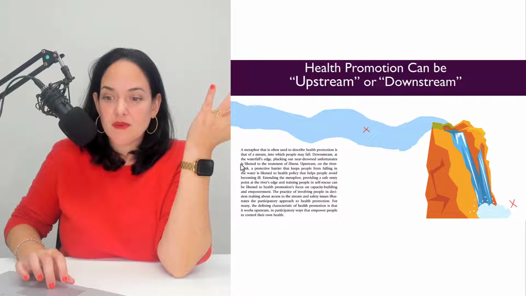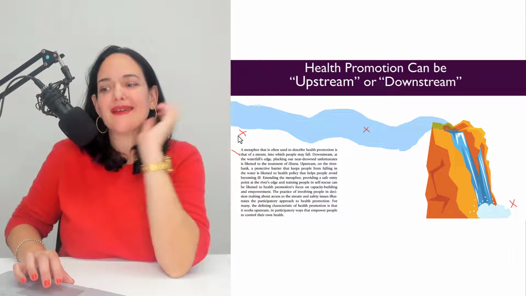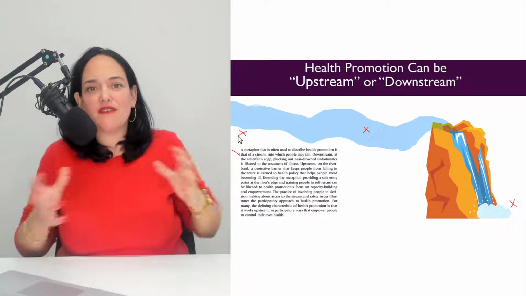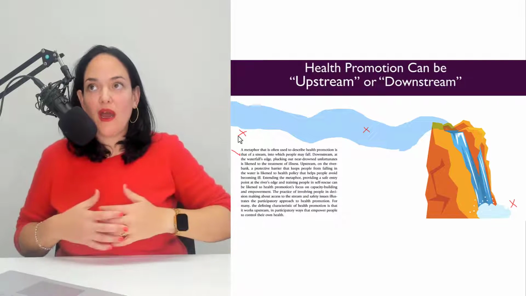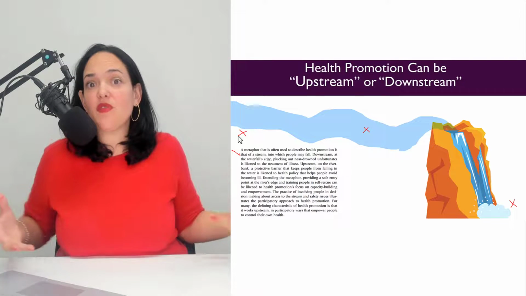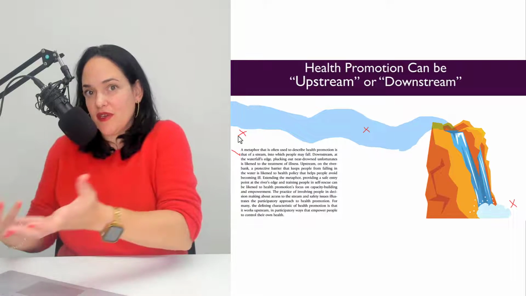And then more upstream health promotion, this would be like, how do we get people to just never even start engaging in that negative behavior to begin with? Or how do we get them to start engaging in a healthy behavior to begin with so they don't even start on a pathway of ill health?